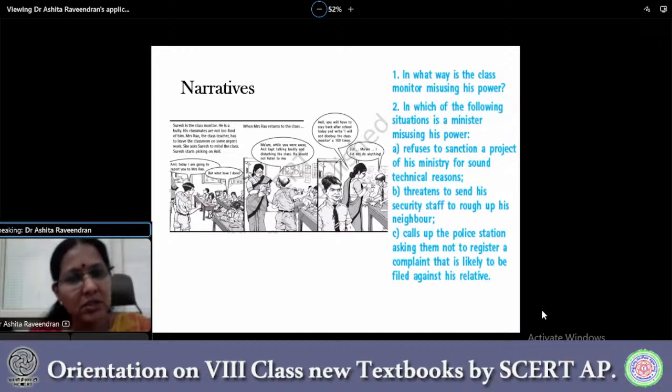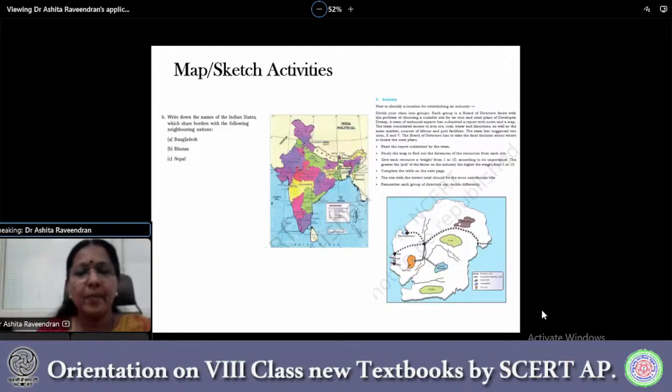So there also there is a misuse of law. So these types of situations and narratives are being given, and they are being asked to reason out what it means to misuse, and what it means to act according to the rule of law.